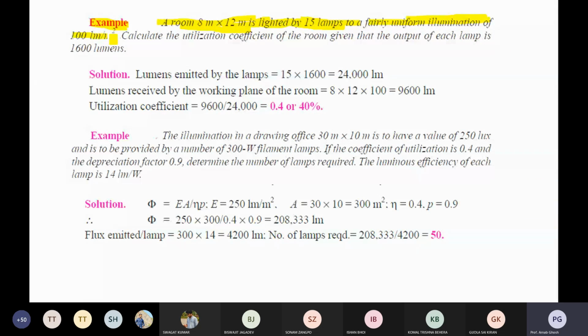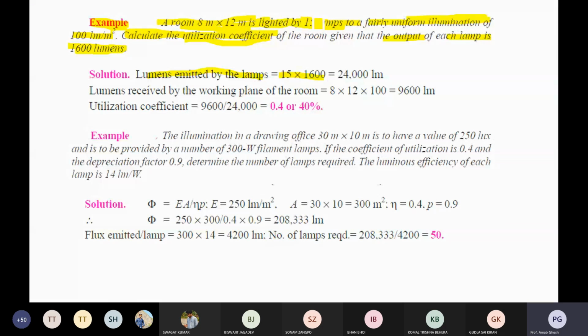Now you need to calculate the utilization coefficient, or utilization factor, of the room, given that the output of each lamp is 1600 lumens. Simple thing. So lumens emitted by the lamps is 15 into 1600, since 15 lamps are there. So that is 24,000 lumen.